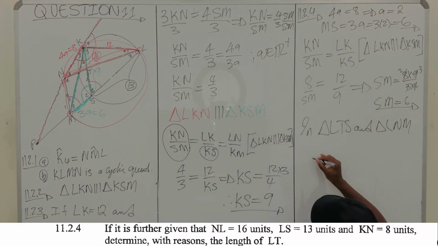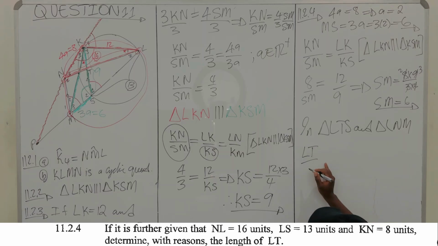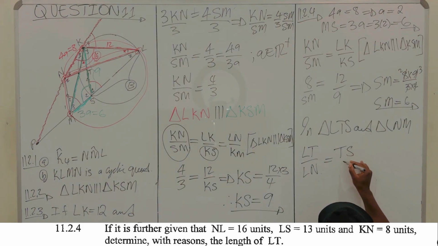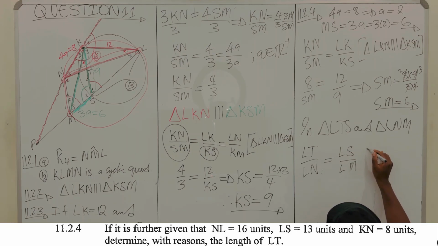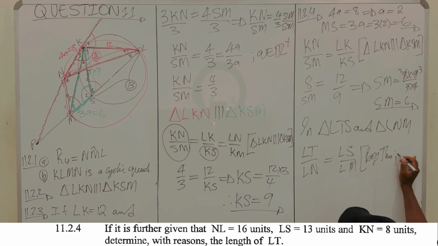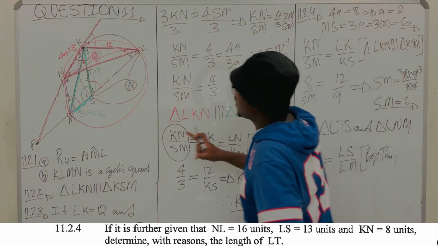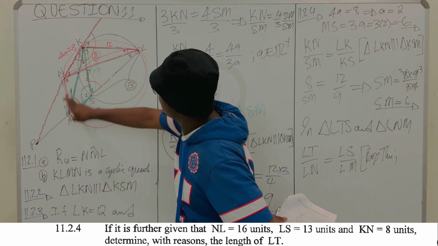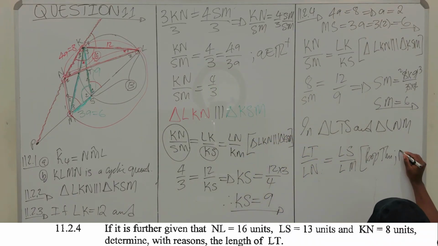So LT over LN should be the same as LS over LM. We're applying the proportionality theorem here because it works, since SK is parallel to MN.